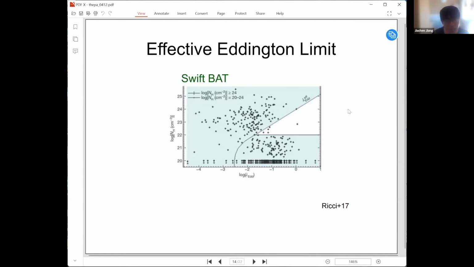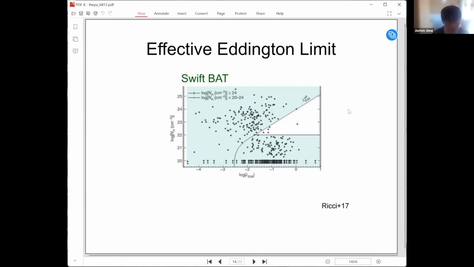It's okay for the highly ionized gas in the innermost region, but when it comes to very dusty gas, like the ones in the torus, the cross-section is dominated by dust extinction, photoelectric absorption, all of these different things. For example, if you're looking at a column density of 10^23, the effective Eddington limit is only 10%. It means you would need a luminosity that is 10% of the Eddington limit to start blowing a dusty wind.